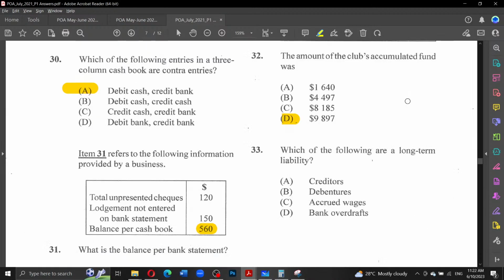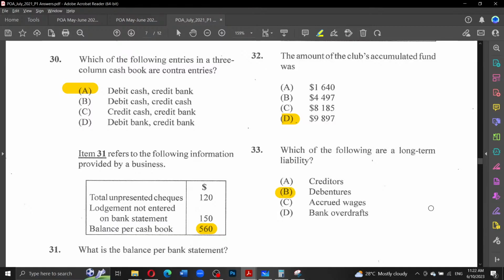Which of the following are a long-term liability? Long-term means supposed to last for more than 1 year. So creditors, you're expecting the people who owe you to pay in less than a year. Debentures, well, yes, this is correct.